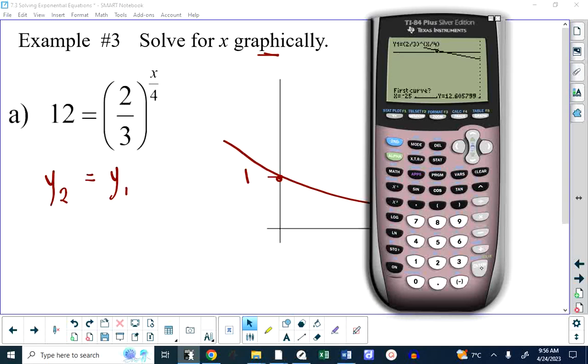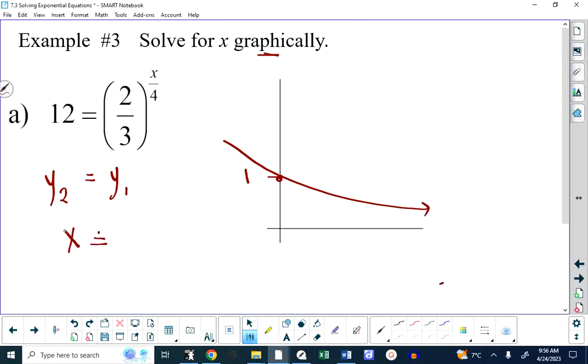Instead of just clunking around in your table, you could have done the graphical approach. This is approximately -24.5. And again, there's a way to determine an exact value on your calculator or on paper.